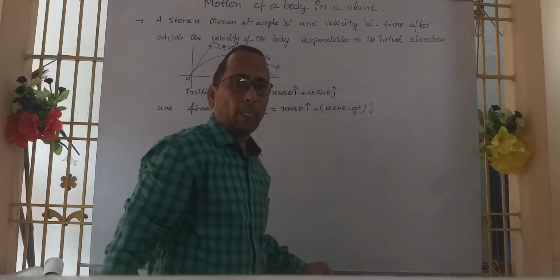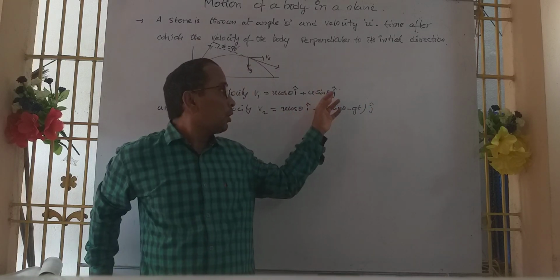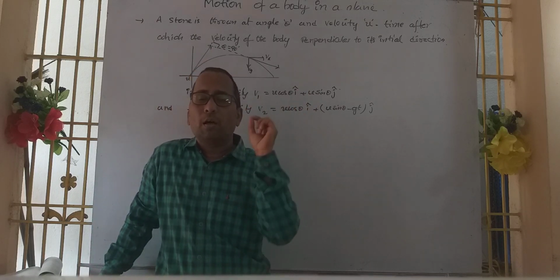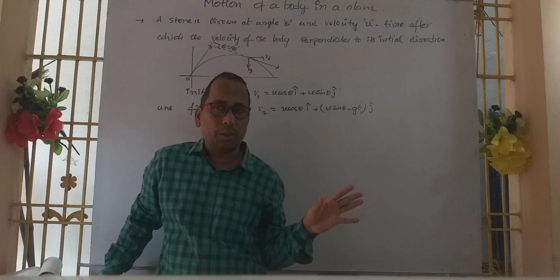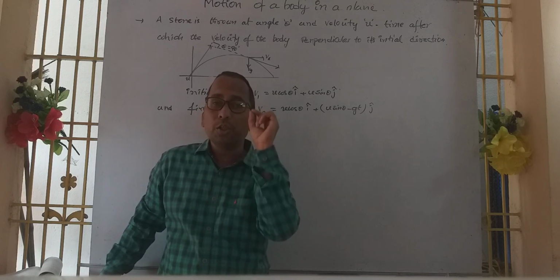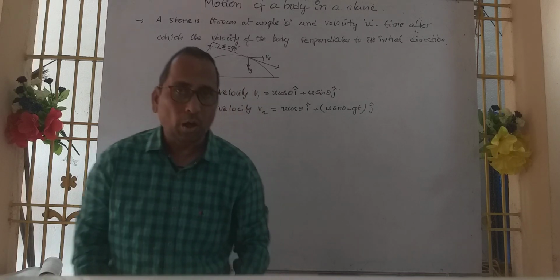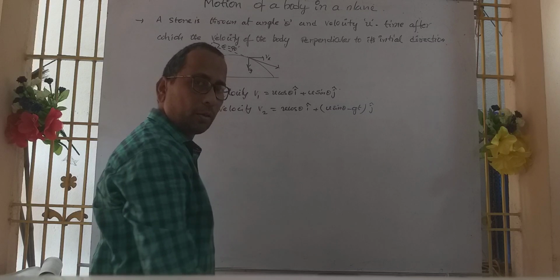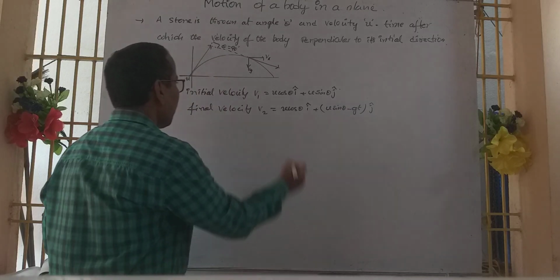Very important: here u cos theta is the same, because for a projectile the horizontal velocity remains constant and does not change with time, but the vertical velocity changes with time. So I have written u sin theta minus gt.